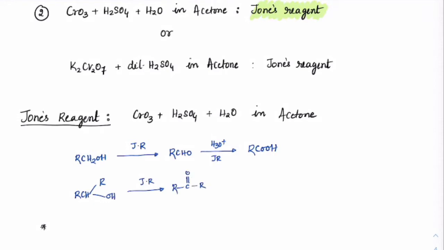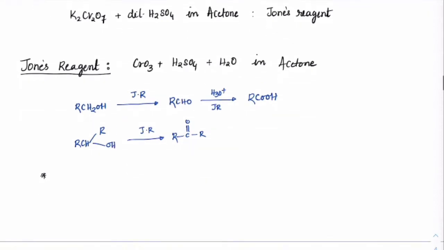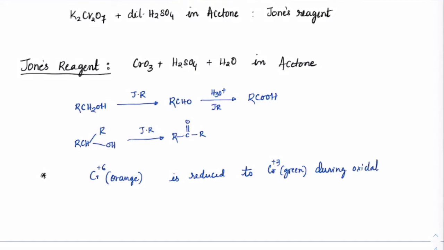Further reaction doesn't take place. What you will observe in Jones reagent is that chromium at +6 oxidation state, which is orange-yellowish in color, is reduced to Cr+3, which is green in color during oxidation. So this is the information you must know.